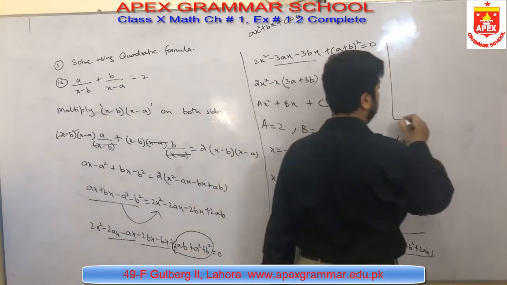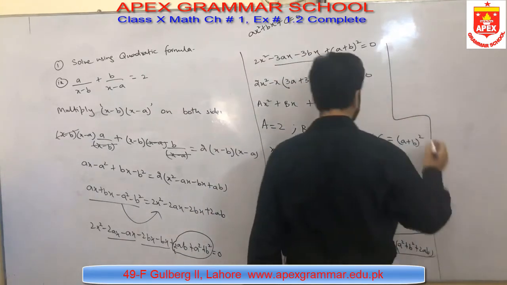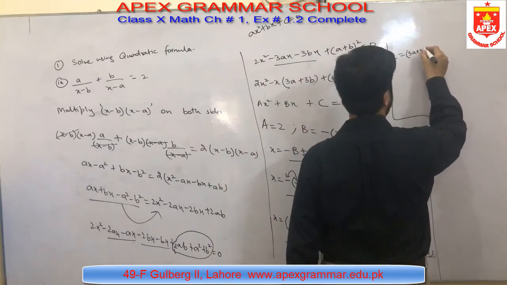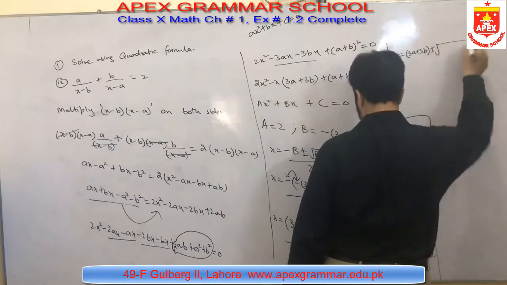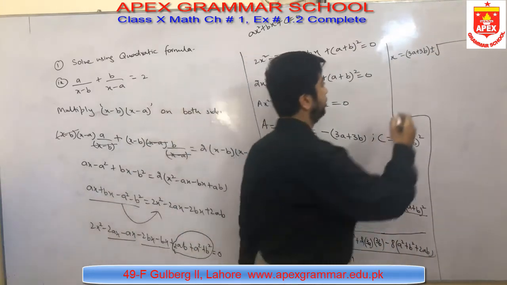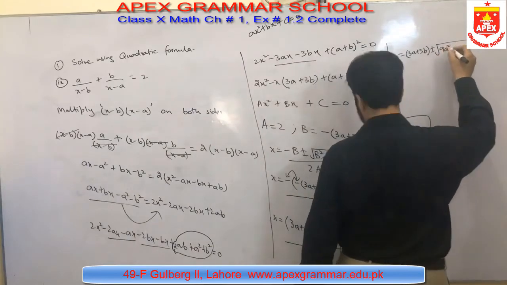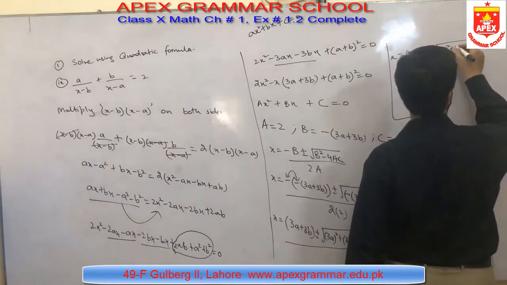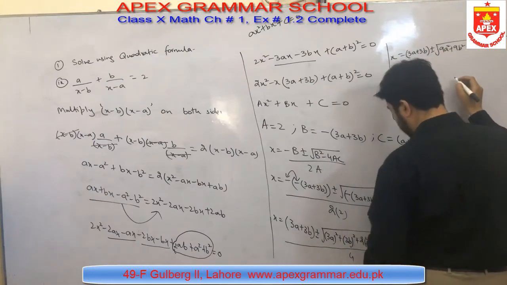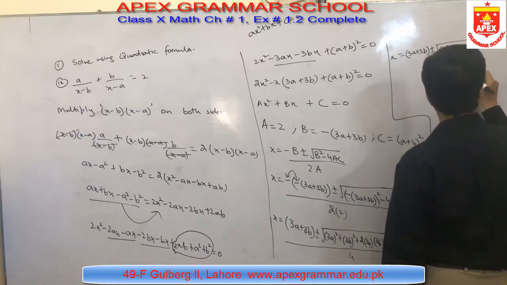Now, x is equal to 3a plus 3b plus minus under root. You know that 3a square is 9a square. 3b square is 9b square. And after that, plus 2 3s are 6, 6 3s are 18ab.